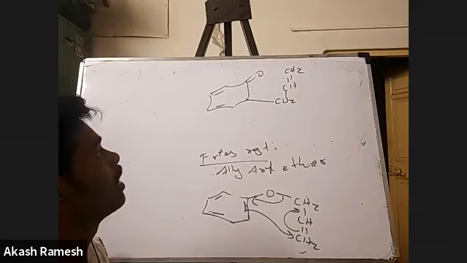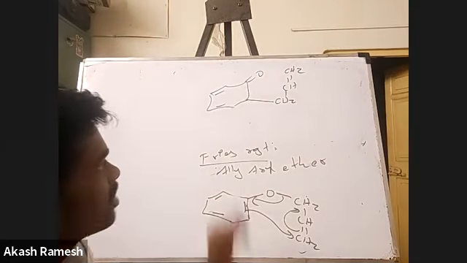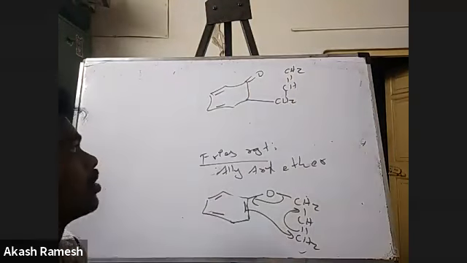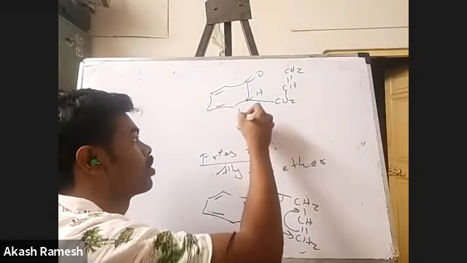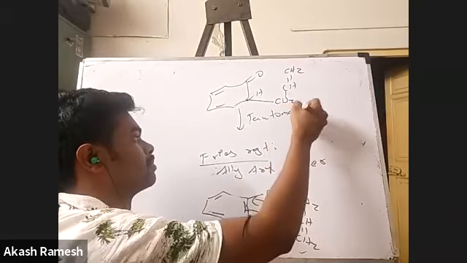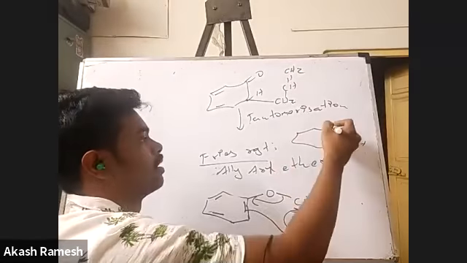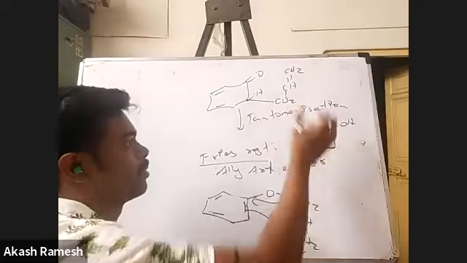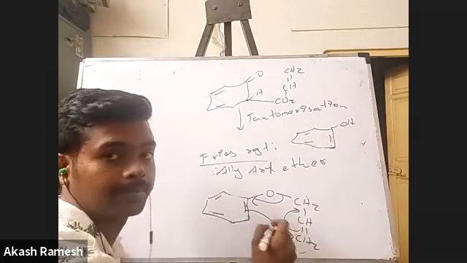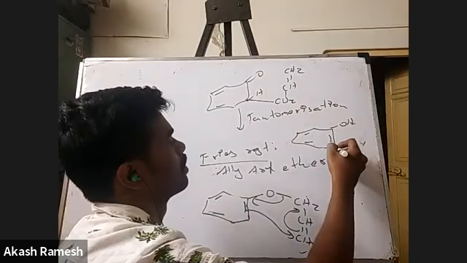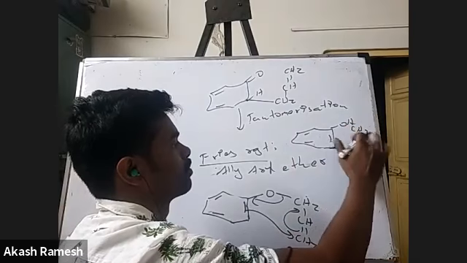Now this is the keto form. Please understand that there is a hydrogen atom here, an alpha hydrogen. This will undergo tautomerization to form an OH with all the double bonds, or if you want to specify it, you can specify one bond here, here, and here, and this thing stays: CH2, CH double bond CH2.